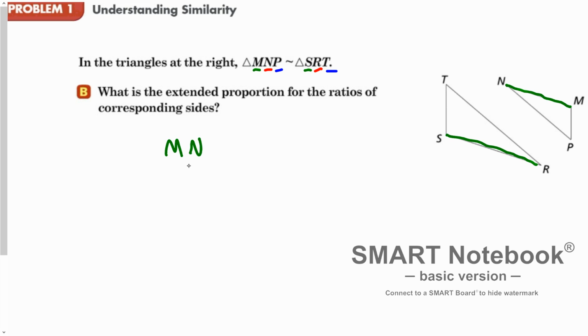MN, that'd be the distance from end to end, over. M relates to S, so I need to put S underneath M, and N relates to R, so I need to put R underneath N.